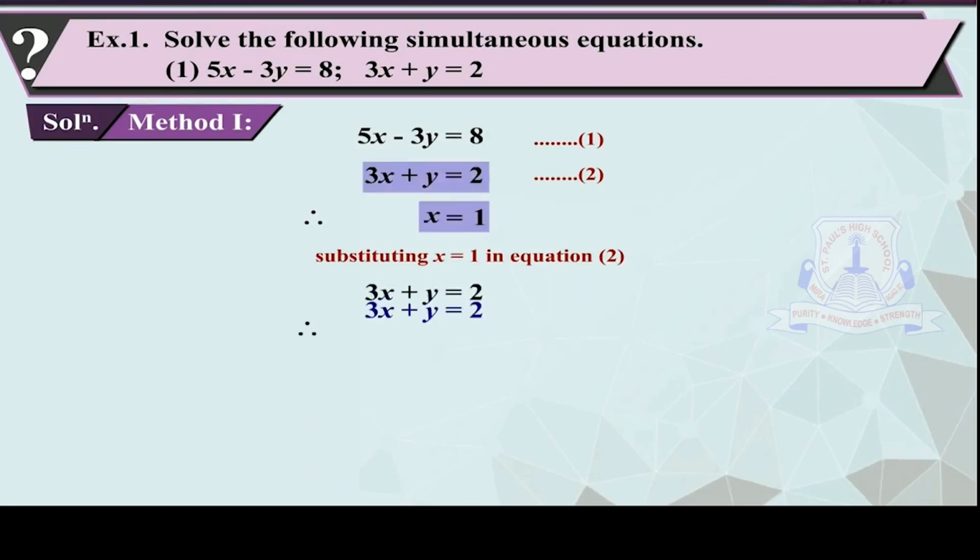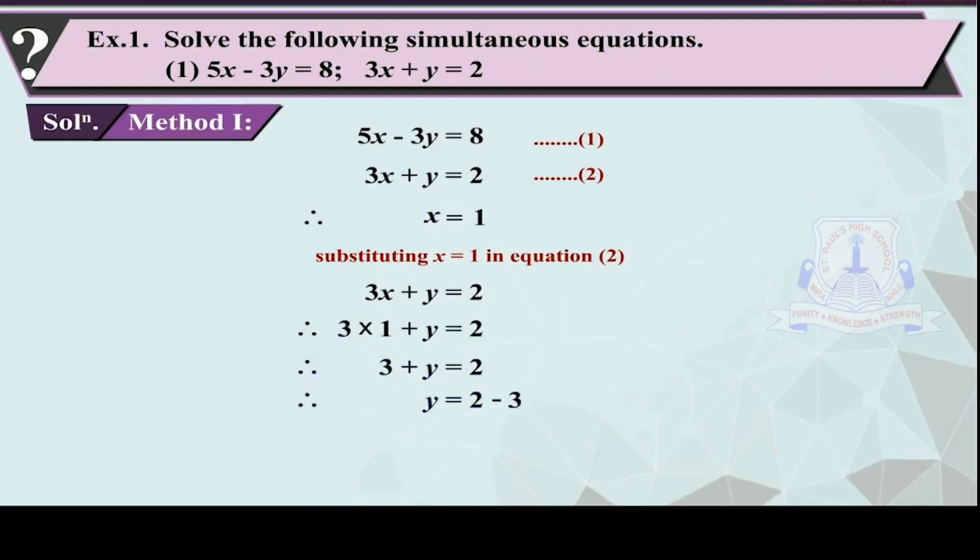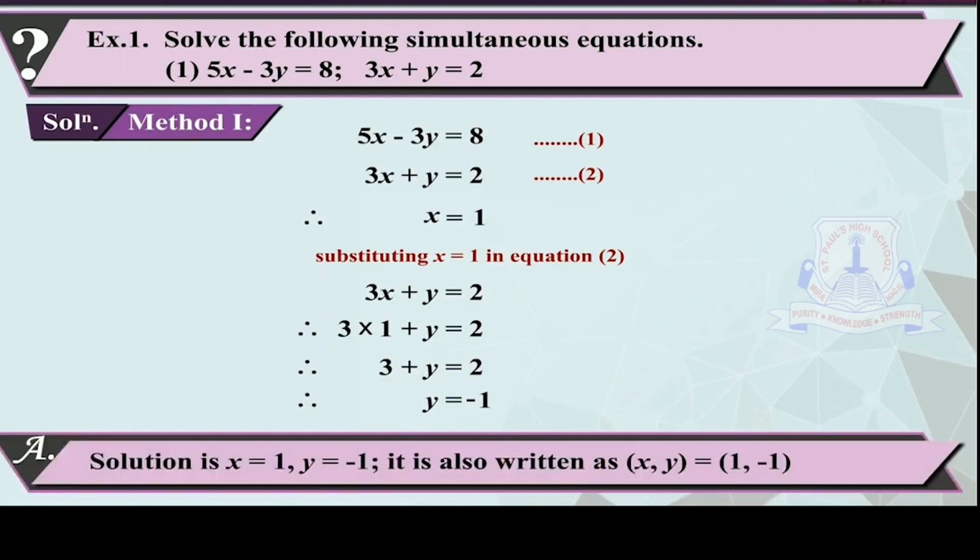Substituting x equal to 1 in equation 2, 3x plus y equal to 2. Therefore, 3 into 1 plus y equal to 2. Therefore, 3 plus y equal to 2. Therefore, y equal to 2 minus 3. Therefore, y equal to minus 1. Solution is x equal to 1 and y equal to minus 1.